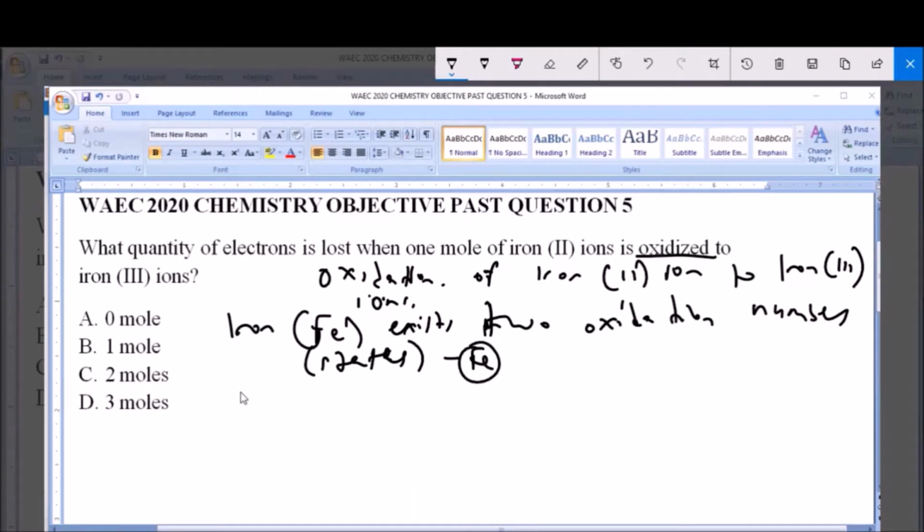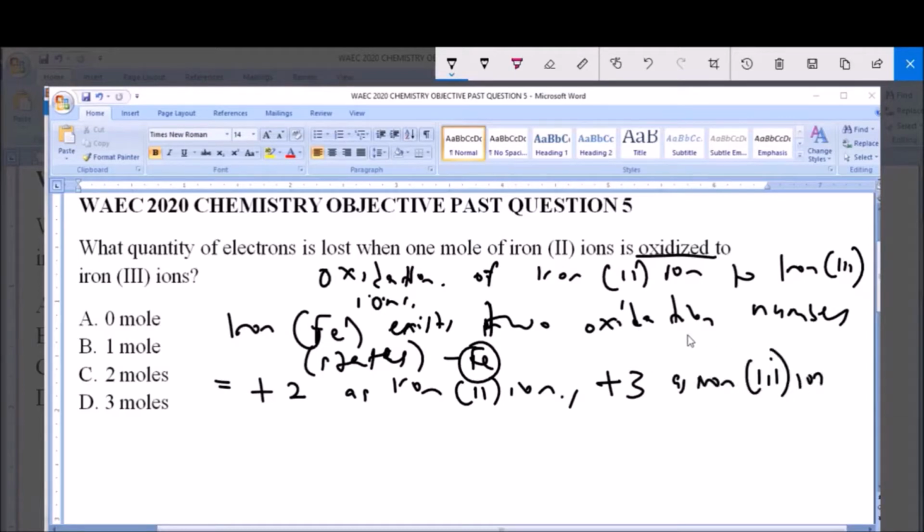It can have an oxidation number of +2, that is as iron 2 ion, or it can have an oxidation state of +3 as iron 3 ion.